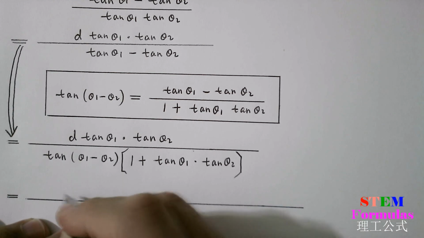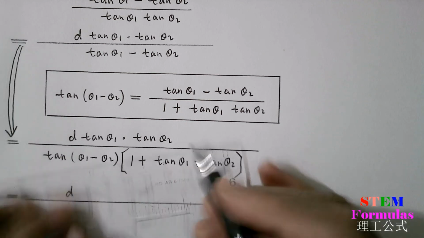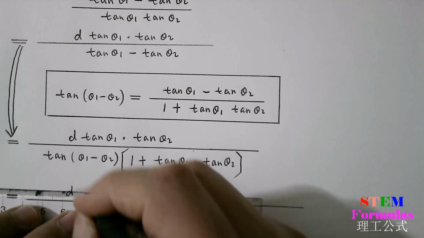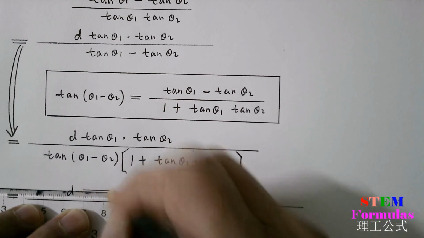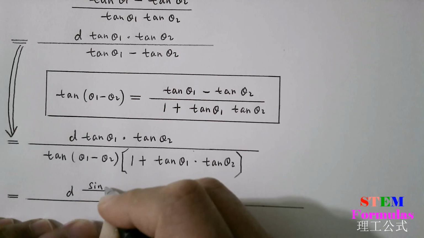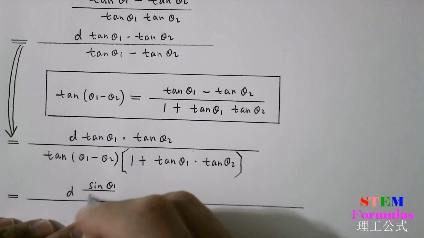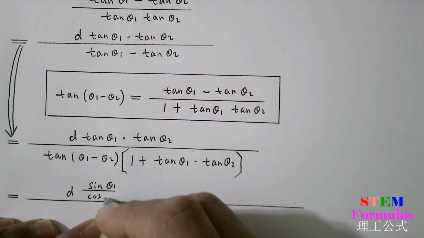On top, I have the tangent, which I can change to sine divided by cosine: sine theta 1 divided by cosine theta 1.